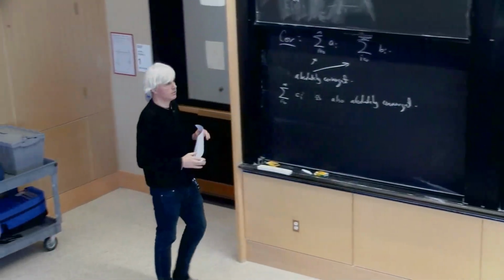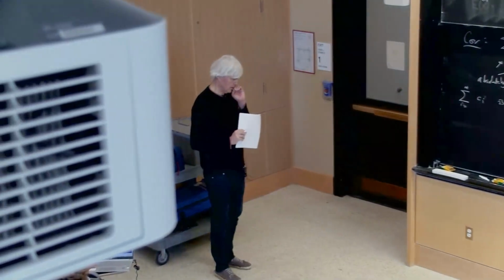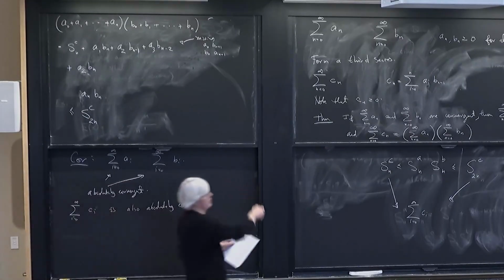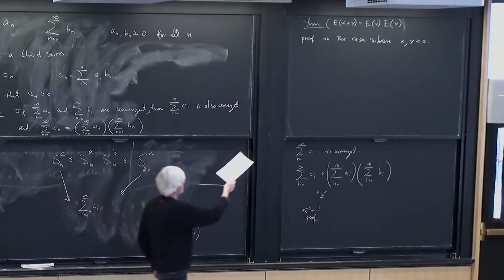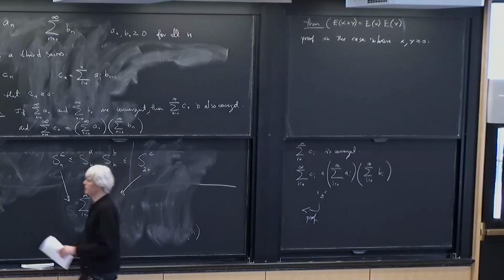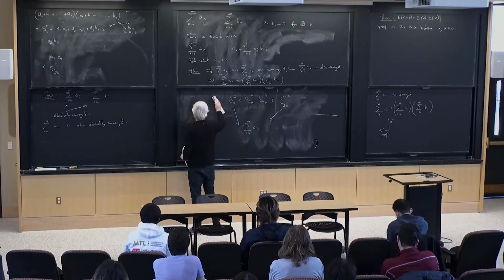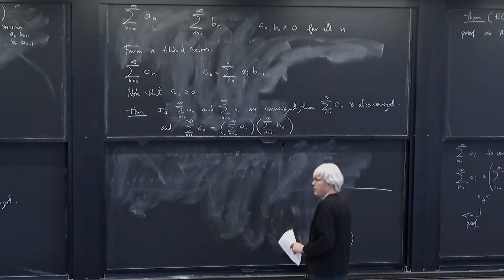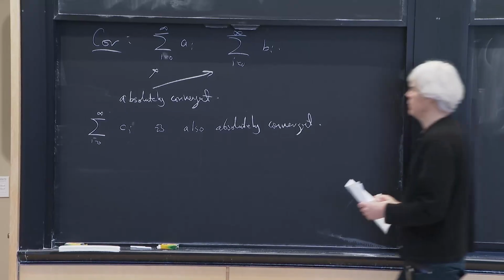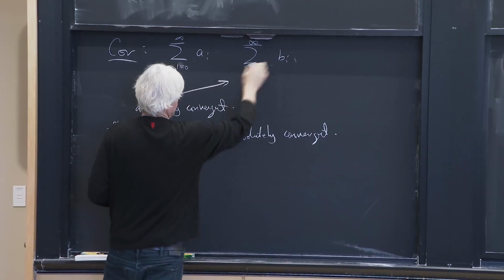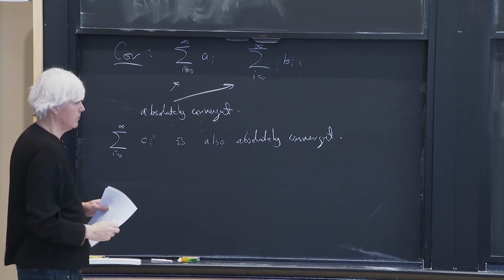And again, this sort of trivial corollary is a key ingredient in proving a more general statement that would be used, say, to prove this inequality when x and y are not assumed to be non-negative. But I won't get into that. I'll just make this observation. So again, I'm not assuming a sign on these, but I am assuming that they're absolutely convergent.